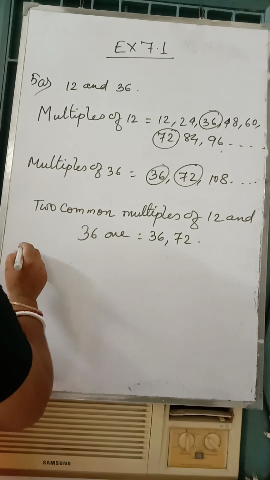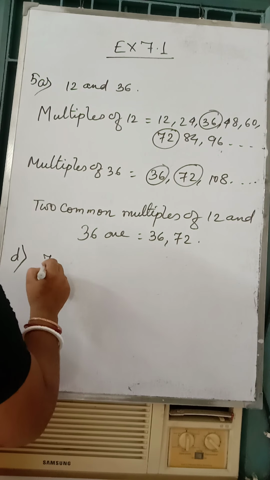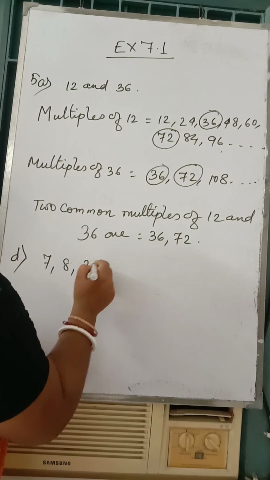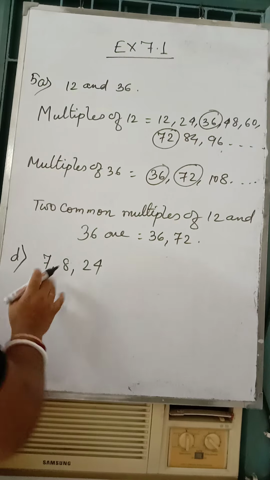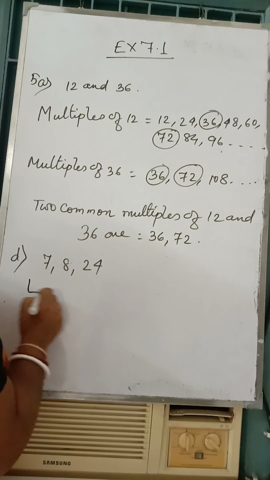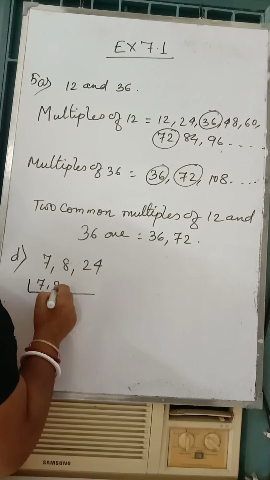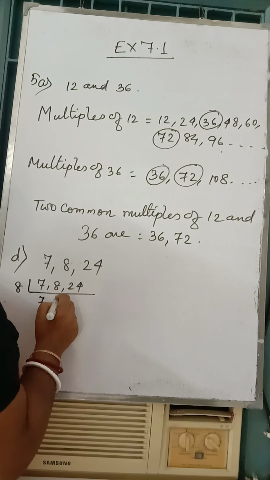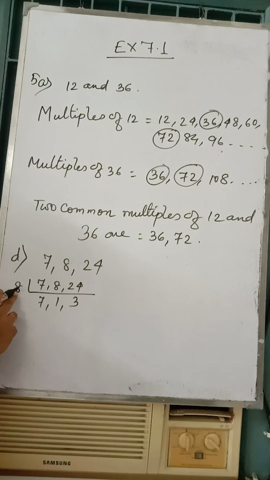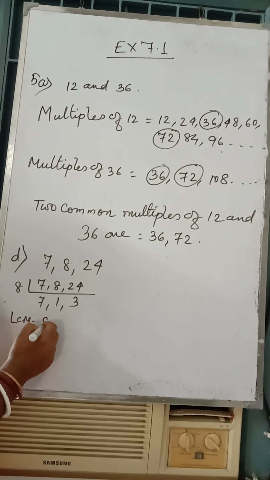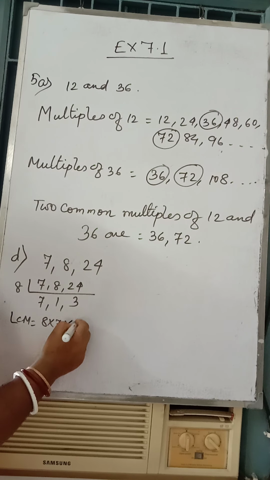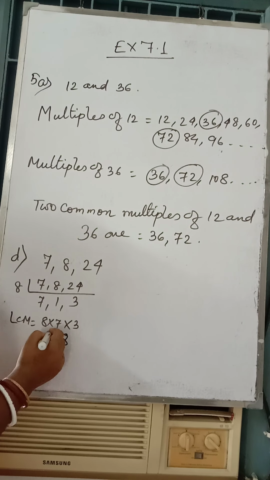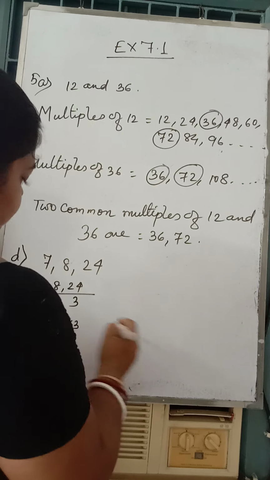And option number 2, you see the numbers are given 7, 8 and 24. So we'll get the LCM of these three numbers, is it? Already you have learned in class 4. So 8 1s are 8, 8 3s are 24. So what do you get as the LCM? LCM is 8, 7s are 56, 3s are 168, is it?